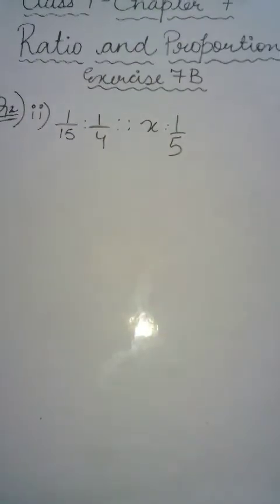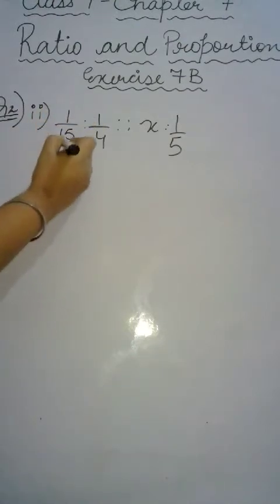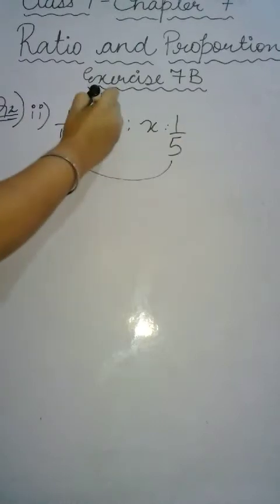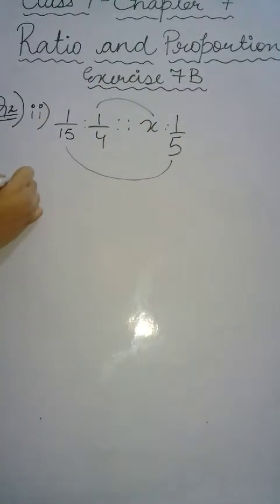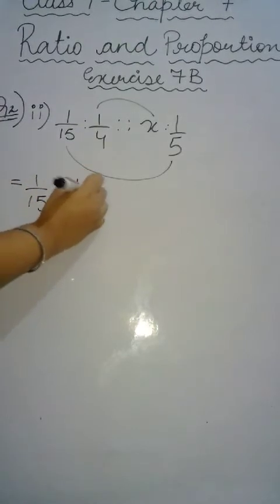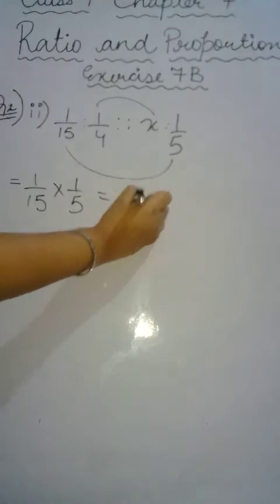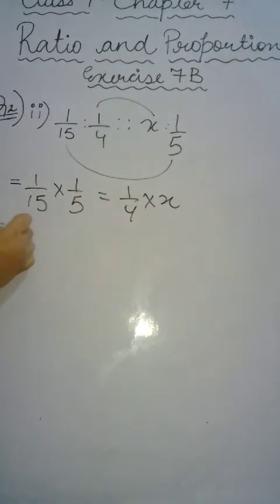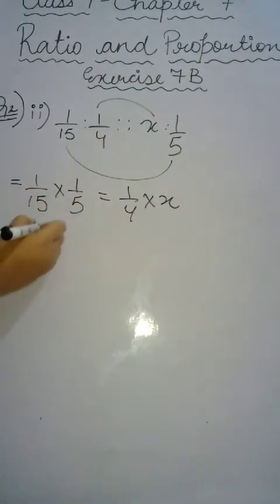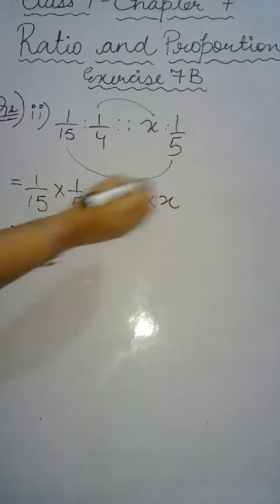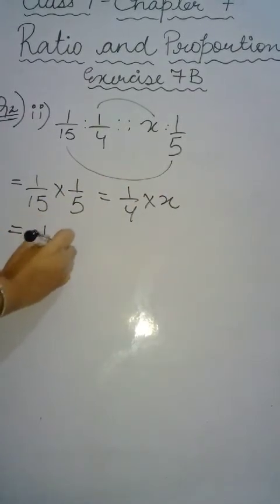Now if you solve the same question using the first method, this was the second method. Now using the first method means multiply this and this. It will be 1 by 15 multiply 1 by 5 should be equal to 1 by 4 multiply by x. It will give you 15 5s are 75, and 1 by 4x.